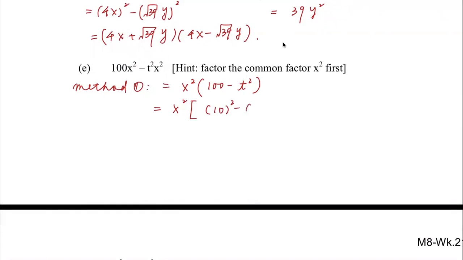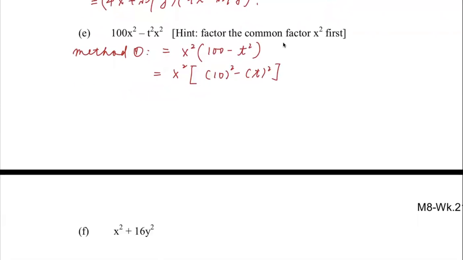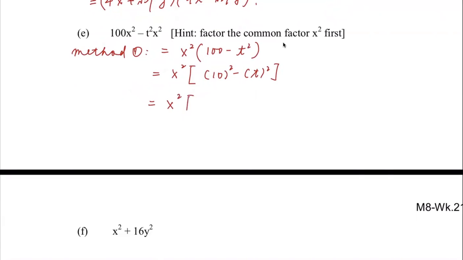We can write t squared as t squared. So this is how we use the formula, right? So this is equal to x squared times 10 plus t times 10 minus t. So this is the final answer.